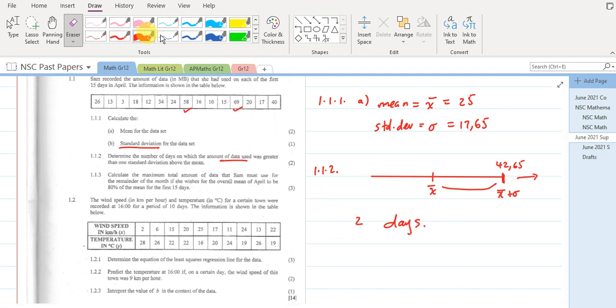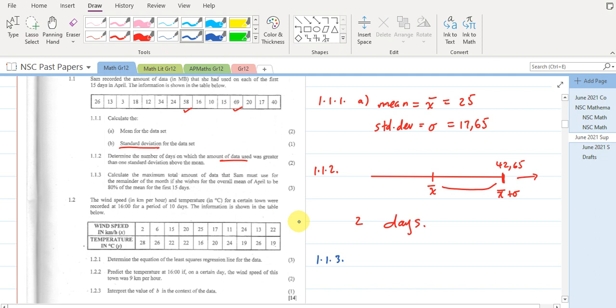Now let's look at 1.1.3. Calculate the maximum total amount of data that Sam must use for the remainder of the month if she wishes for the overall mean of April to be 80% of the mean for the first 15 days.